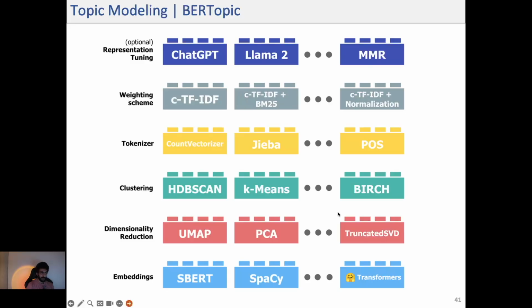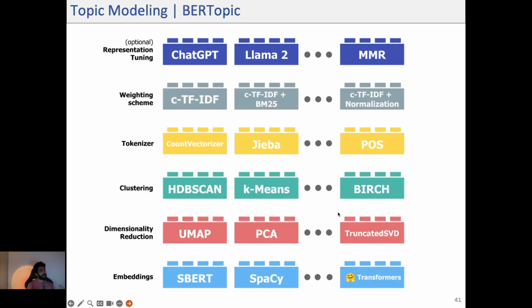Then for the weighting schemes, for topic keyword extraction, we calculate scores for each word in a cluster, where we said our method is c-TF-IDF, but we can extend it with maybe BM25 or apply normalization for more fine-grained results.